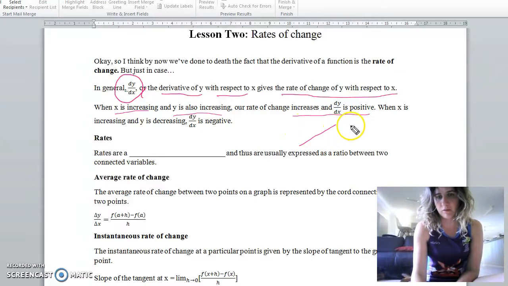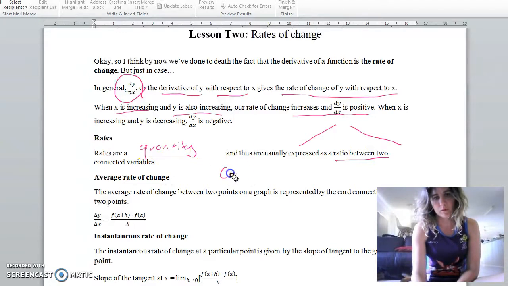Conversely, when x is increasing but y is decreasing, dy on dx is negative, and that's when we have a downward slope. Rates are a quantity, and thus are usually expressed as a ratio between 2 connected variables. For example, centimeters per second, milliliters per minute, dollars per hour, etc.